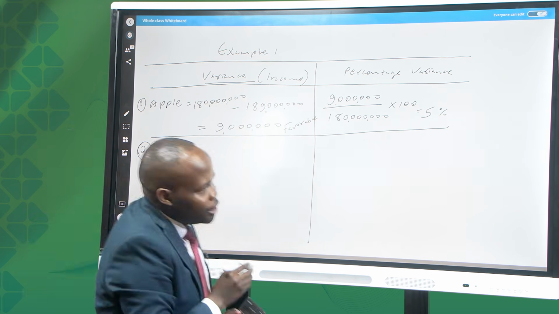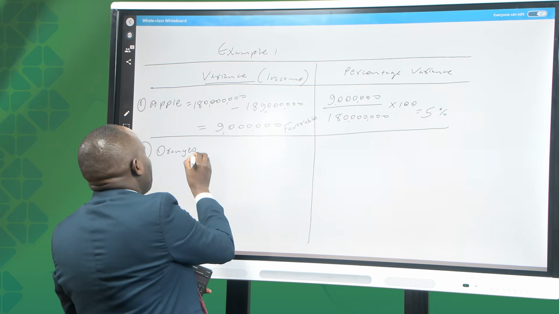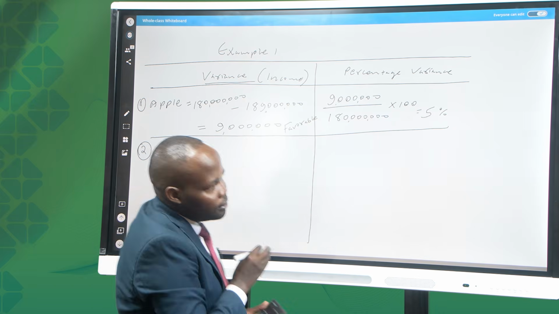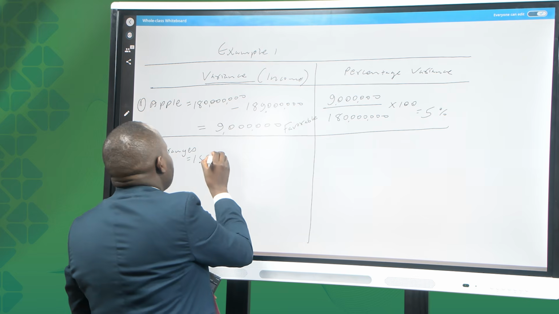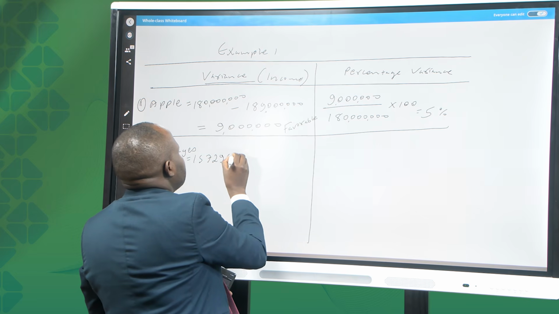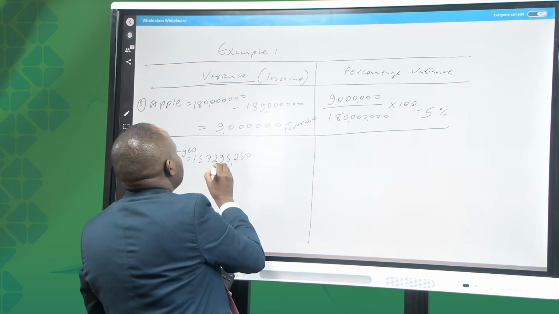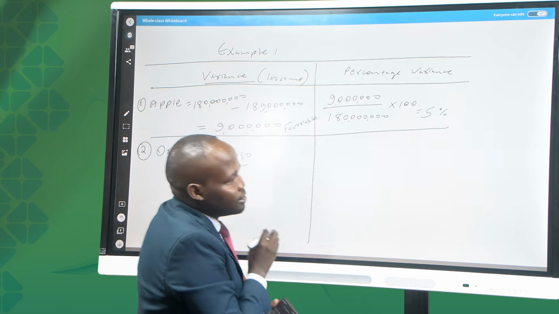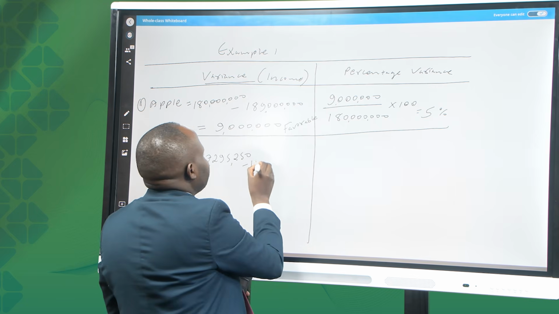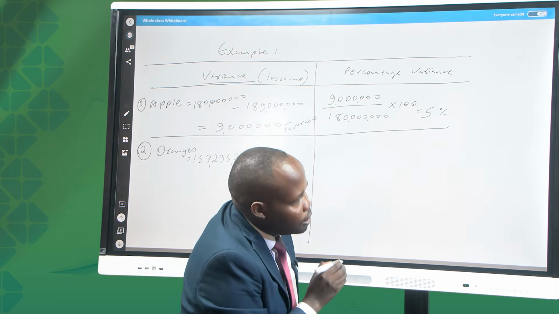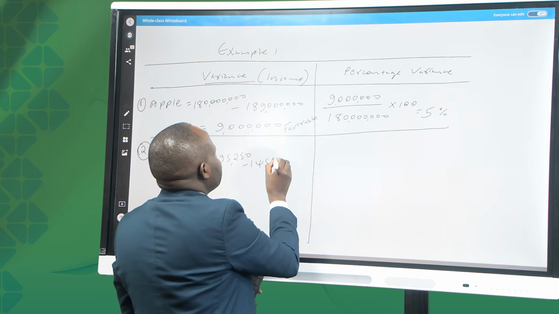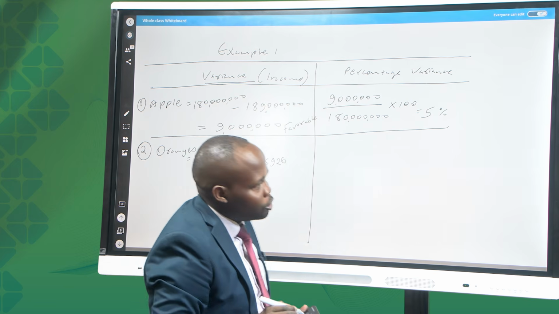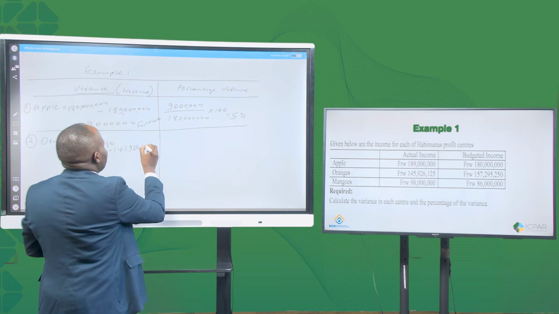Now in our oranges, we had 157,295,250 minus 145,926,125.